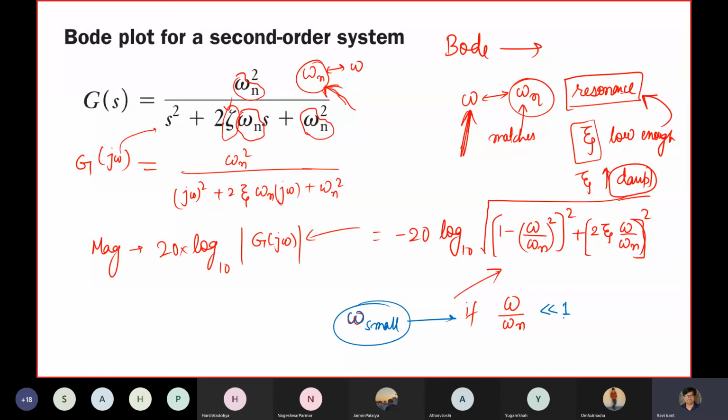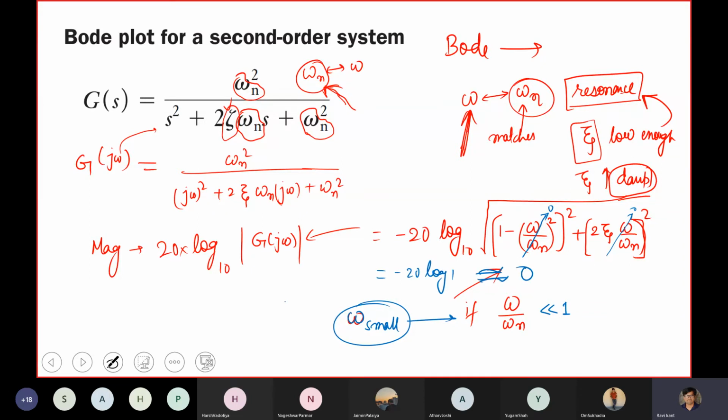If it is less than 1, then this term goes away, and this also is negligible in comparison to that. So this is close to minus 20 log of 1, which is close to 0.